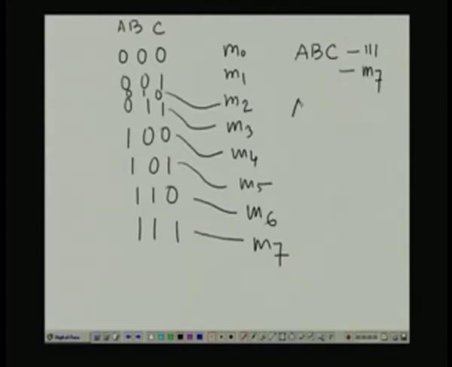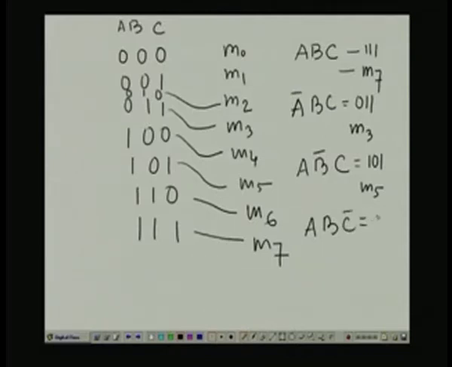A bar BC means 0 1 1, which is nothing but M3. Similarly, AB bar C means 1 0 1, that is M5, and ABC bar is 1 1 0, that is M6. So in the given function, the terms present are M7, M3, M5, M6.